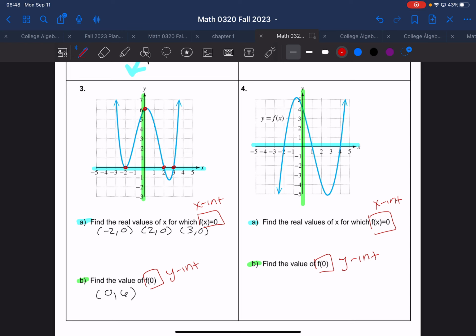Okay, so for part A, how many x-intercepts did you find? 3. So at -2, 1, and 4. So those points should have been -2, 0, 1, 0, and 4, 0. How many y-intercepts? 1, and at what point? 0, 4. Good. 0, 4.